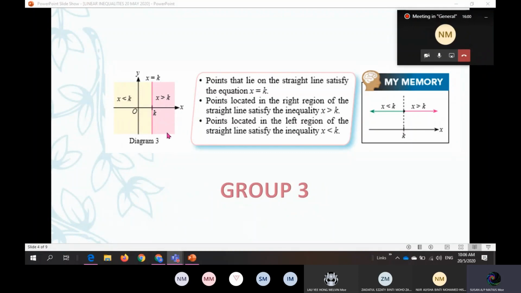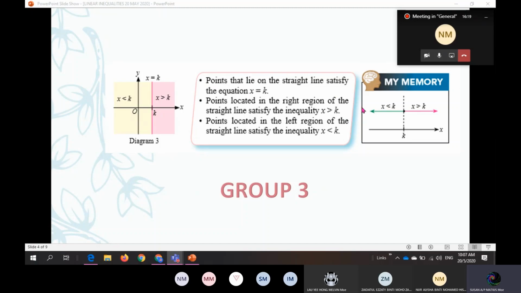In the right region, the points satisfy the inequality x greater than k. In the left-hand region, the inequality will be x less than k. If it is on the line, x is equal to k.